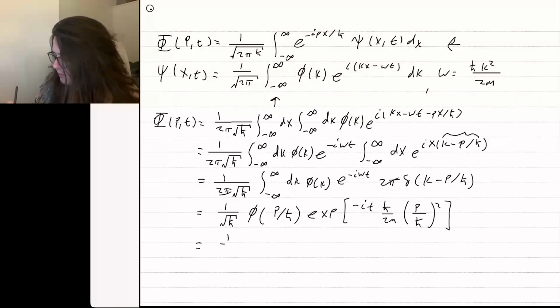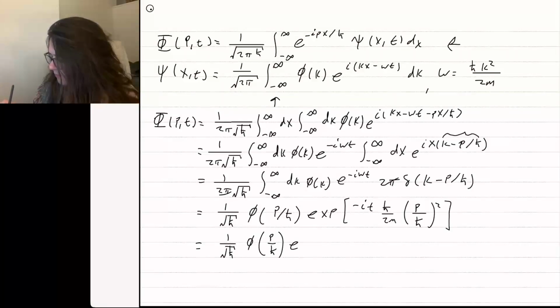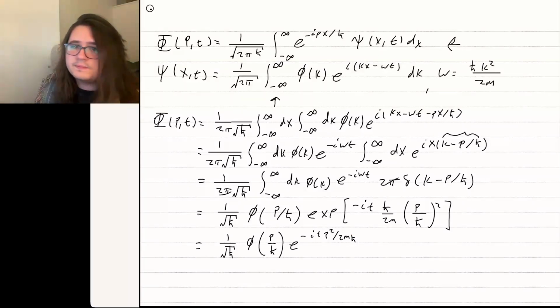Okay, in other words, it's 1 over root h bar phi of p over h bar e to the minus i t p squared over 2m h bar is all she wrote, right?